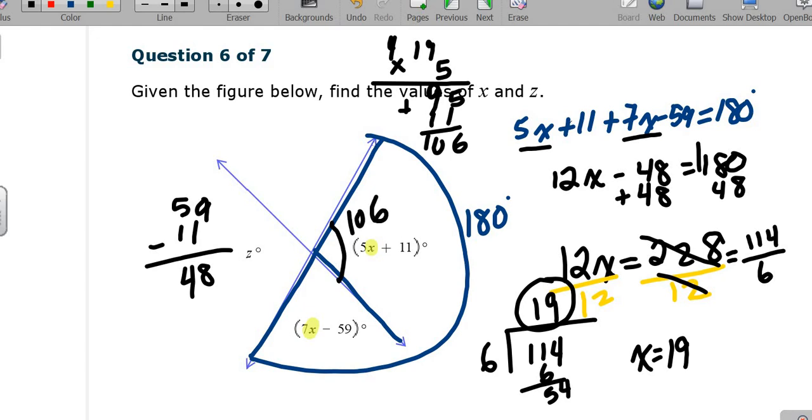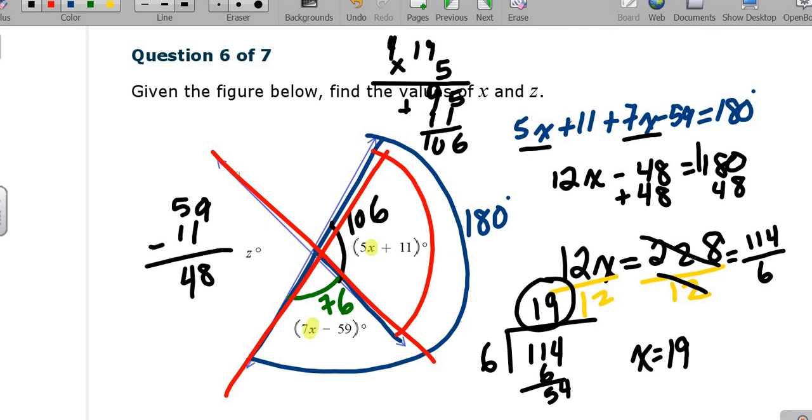That makes this 106. And since they add up to 180, I can take 106 away from 180, and this will have to be 76. If you go like this, 2 straight lines, it'll ask for z. If this is 106, z would also have to be 106 because it's vertical angles.